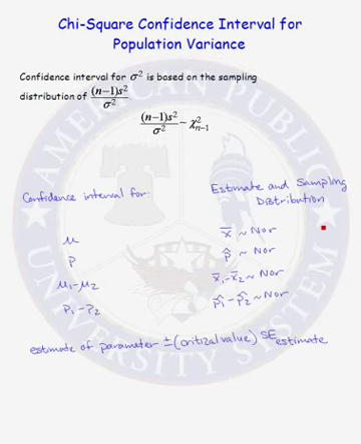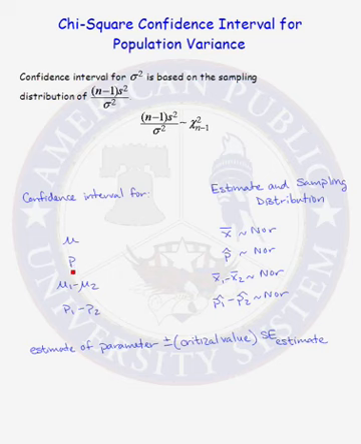Before going any further, let's review the confidence intervals and the sampling distribution for the sample statistic used to estimate the population parameter. When we were estimating the population parameter mu and constructing the confidence interval, we used x bar as our estimate for mu, and the sampling distribution of x bar was normally distributed.